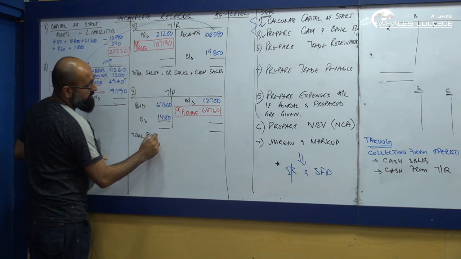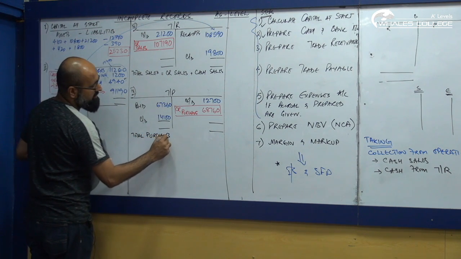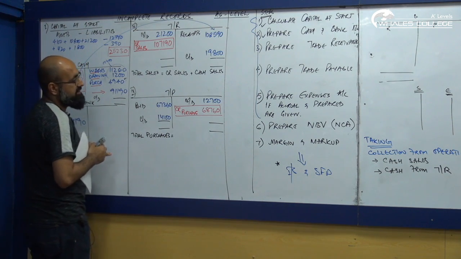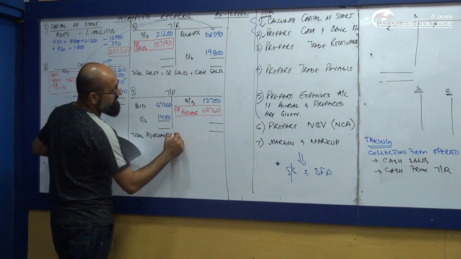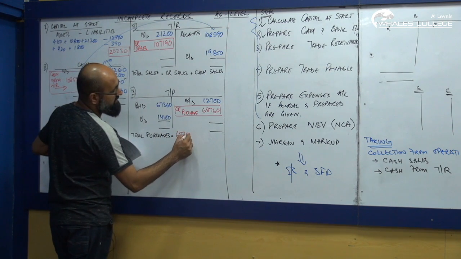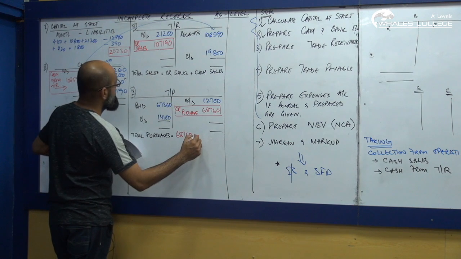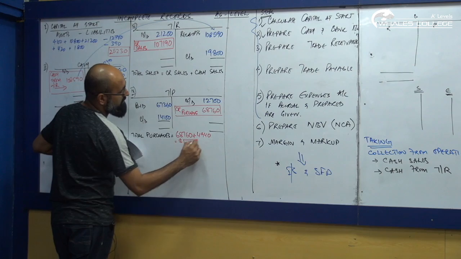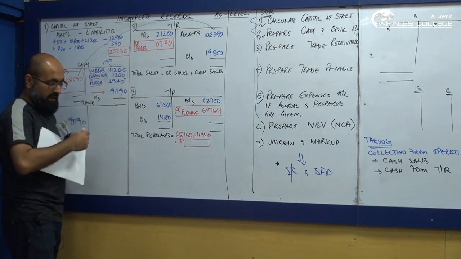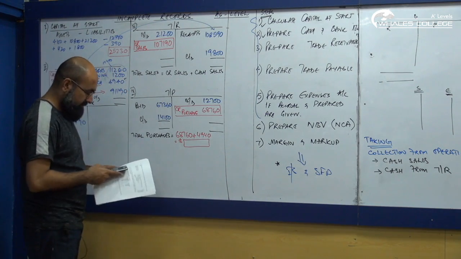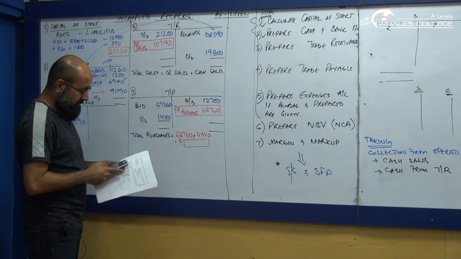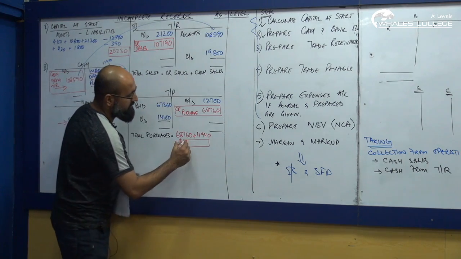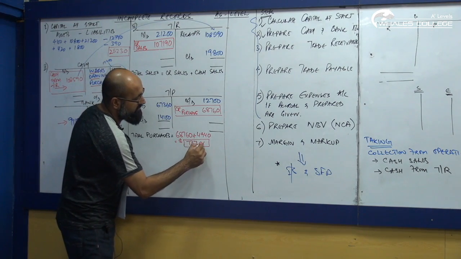Total purchases should be cash purchases plus credit purchases. 68,760 plus 4,940. Now the answer is 73,700.